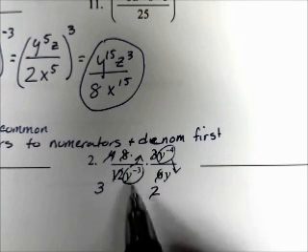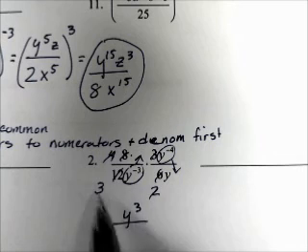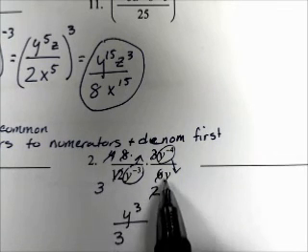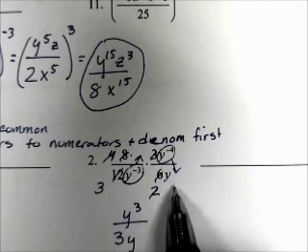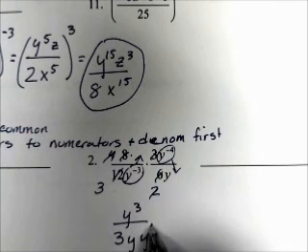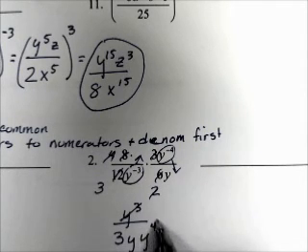I have a y to the positive 3 in the numerator, a 3 in the denominator, a y, and the y to the negative 4 is coming down into the denominator, y to the positive 4. And this y to the third divides out with 3 of these y to the fourth, leaving us with y.